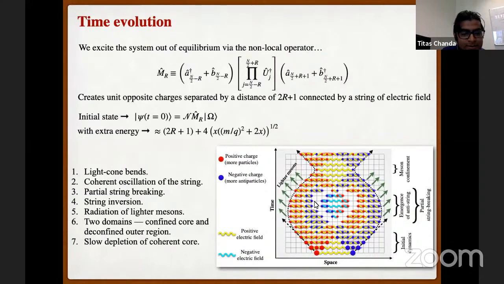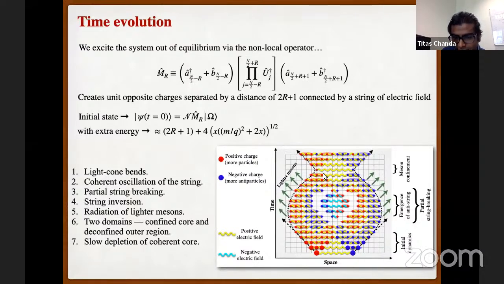So this creates two distinctly different domains. In the middle, we have a confined core where the bosons are strongly correlated. In the outer region, we have a deconfined region populated by freely propagating lighter mesons. Due to this radiation of lighter mesons, the mass concentrated in the core slowly depletes.